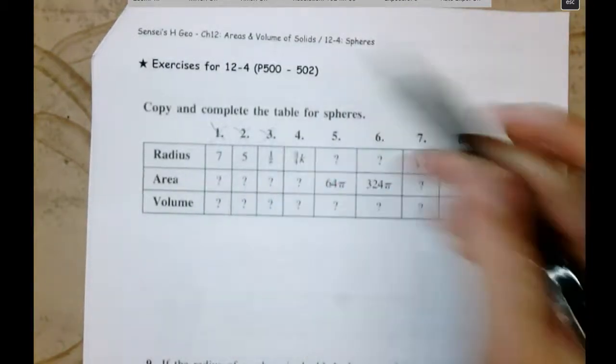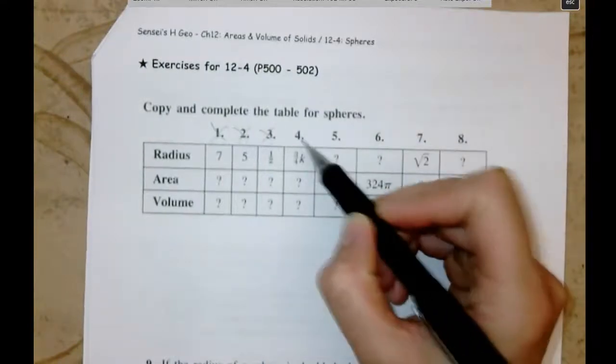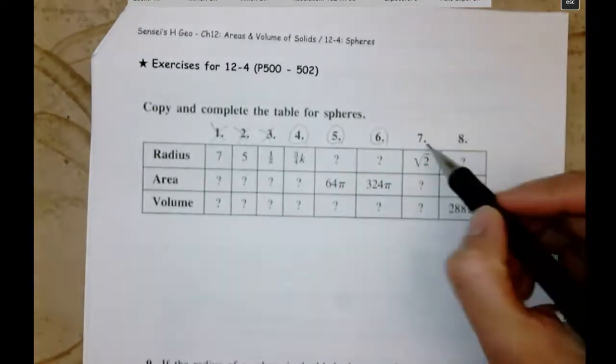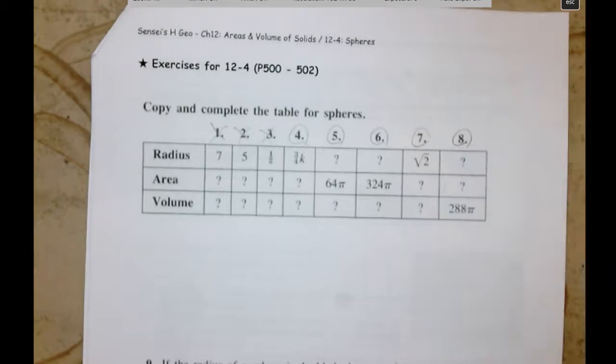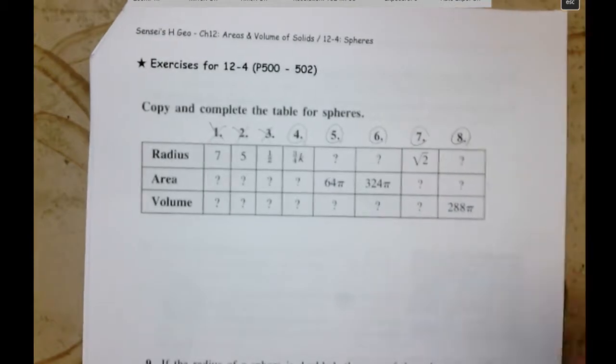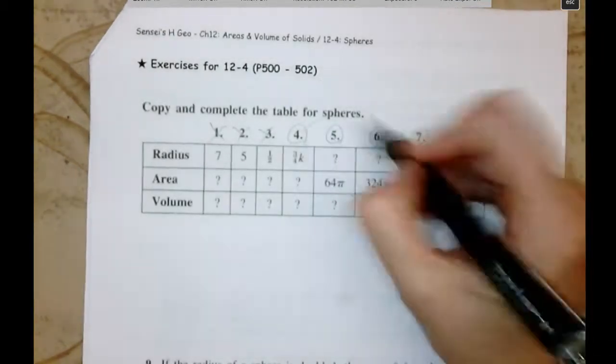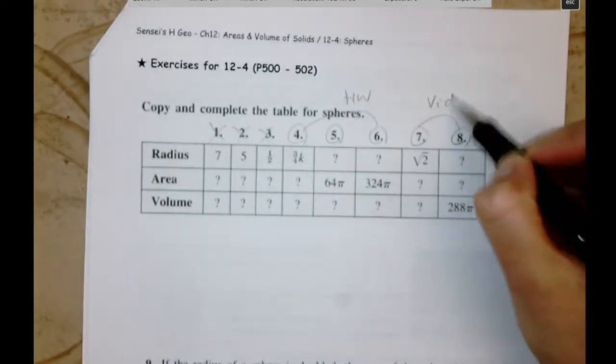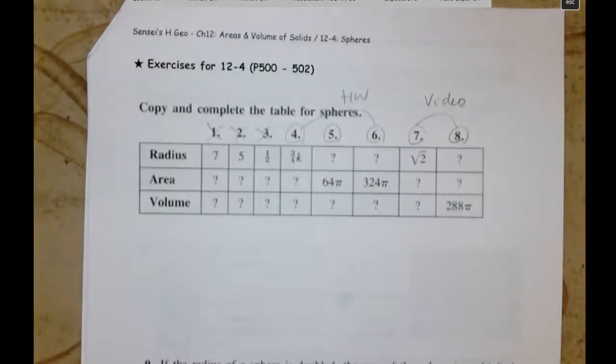These are too easy for you. This has k, so might as well do this one. You can do this one, this one, this one, and this one. So why don't you do these 3 for homework, and we're going to do these 2 harder ones in the video. Okay, so let's look at the 7.